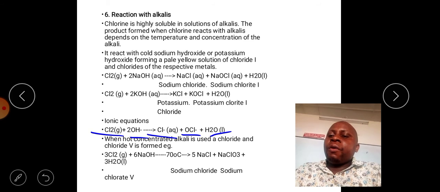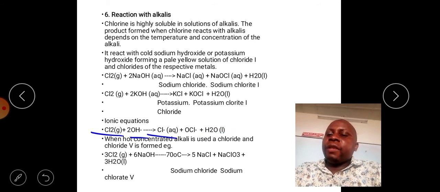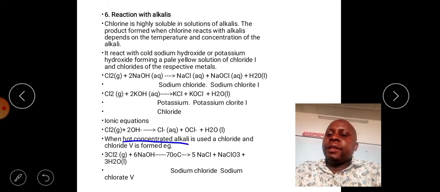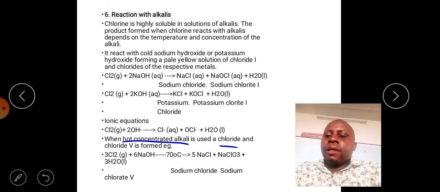What if now you use a higher concentration of the alkali and at a higher temperature? So when hot concentrated alkali is used, there is formation of the chloride and chlorate 5. Okay, this is supposed to be chlorate 5.